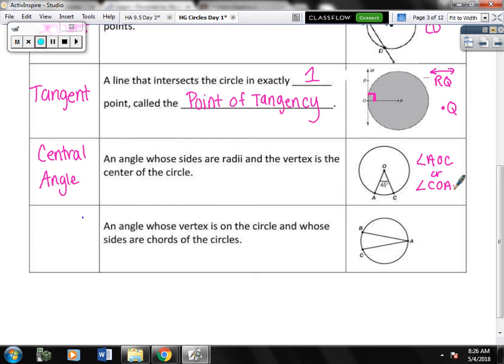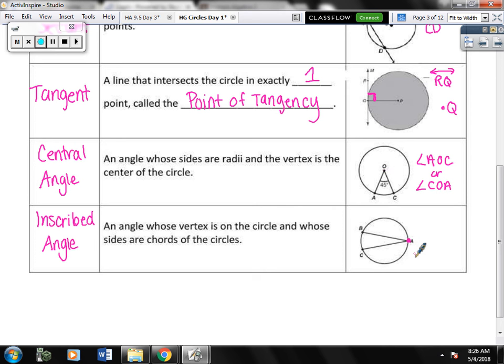And then the last one is an inscribed angle. And that's an angle whose vertex is on the circle, not at the center, it's on the circle, and then the two sides are chords instead of radii.